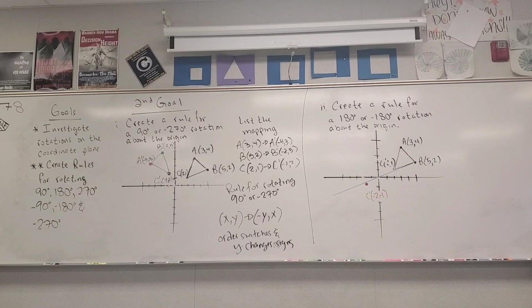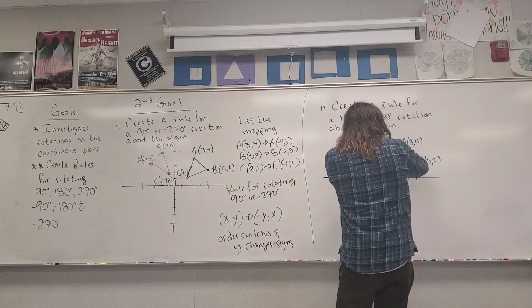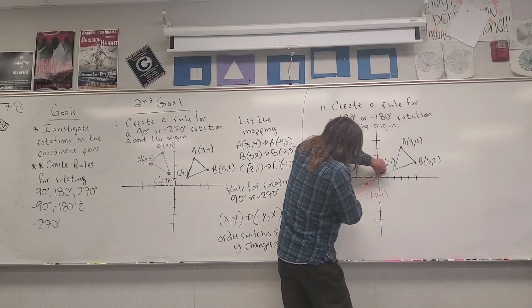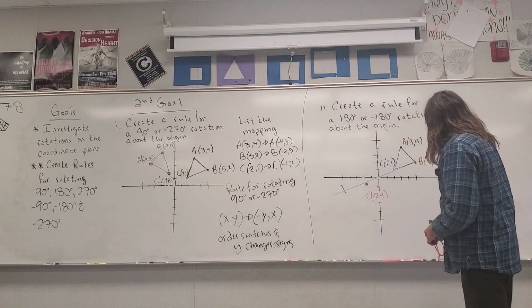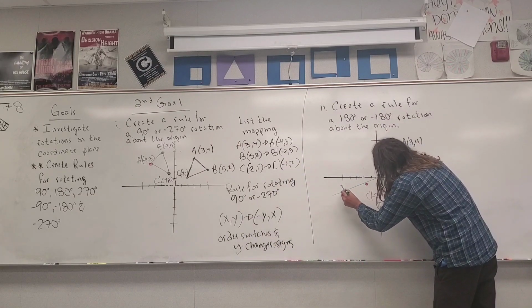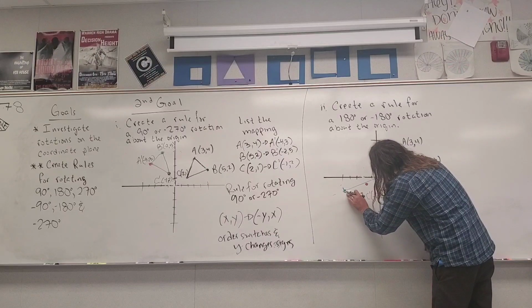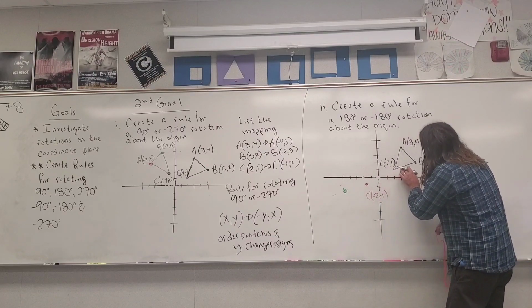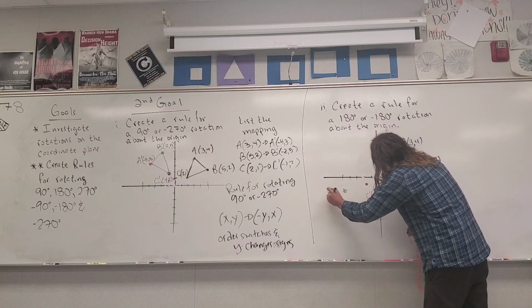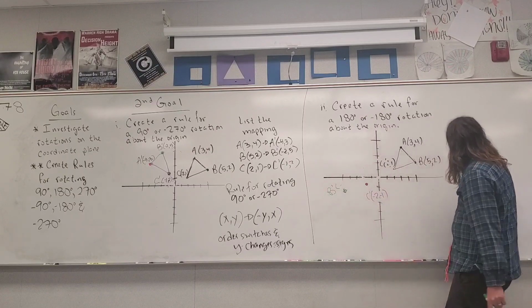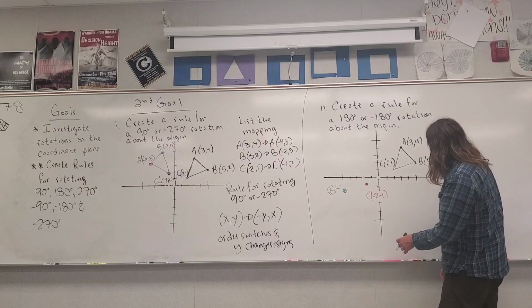Just do this. Okay, that copies the distance. So there's my B prime right there. We'll erase everything else. Okay, there's B prime. And B prime has a value of -5, -2.